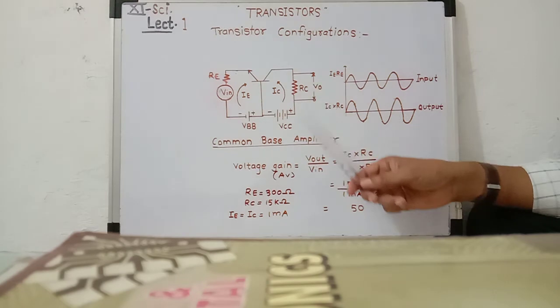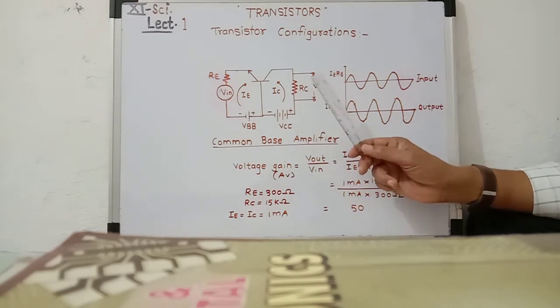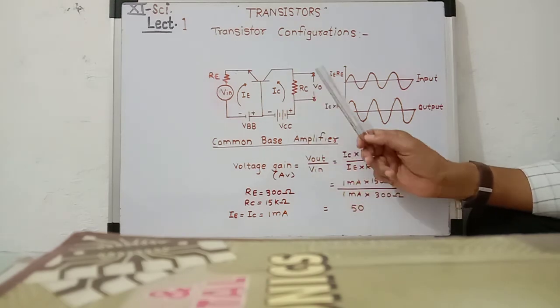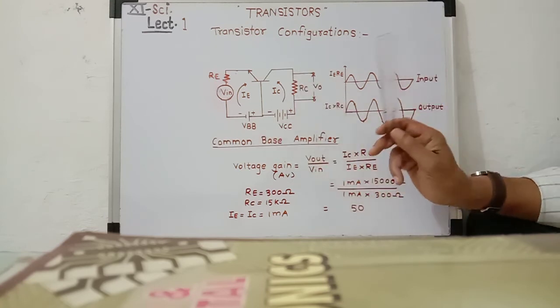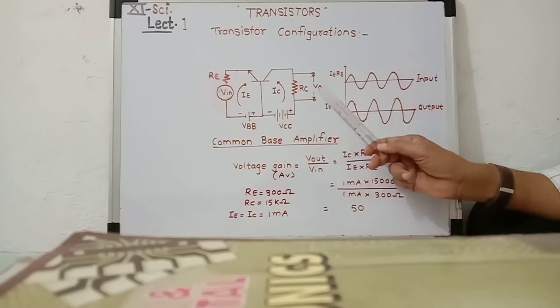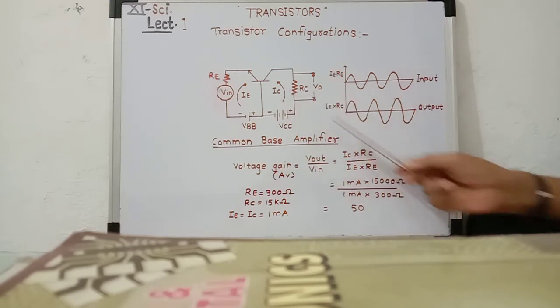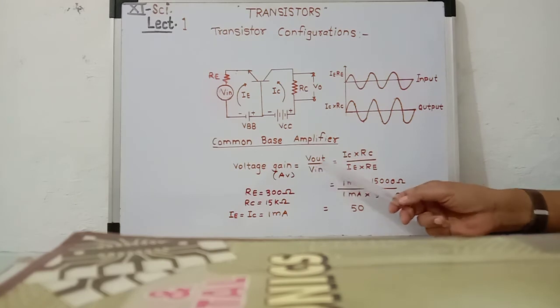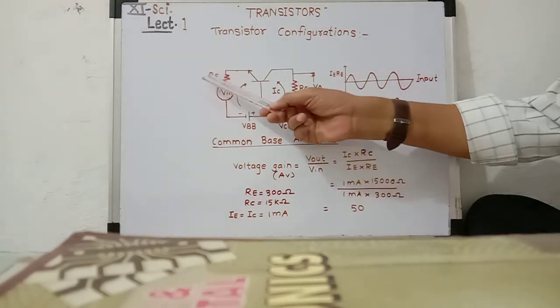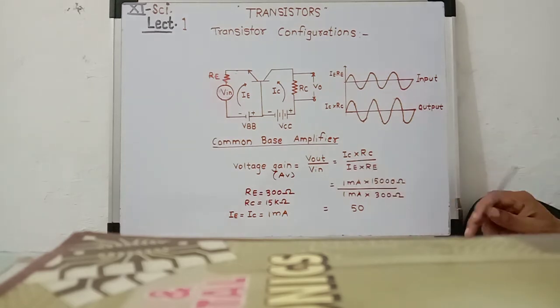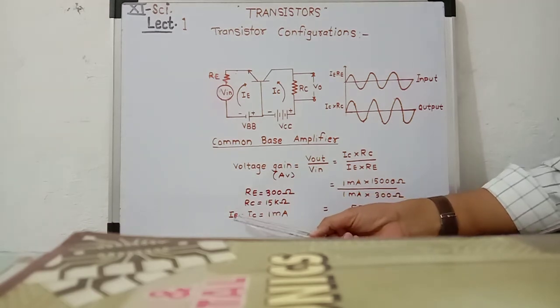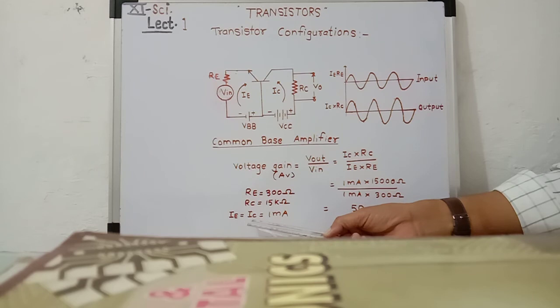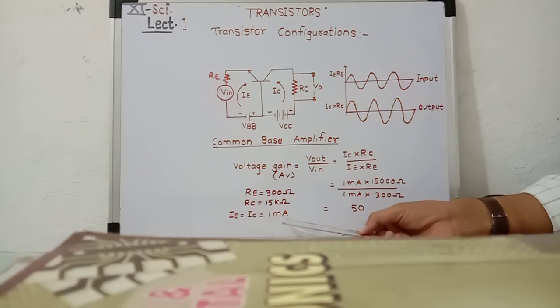Now the voltage gain of the amplifier. Voltage gain is the ratio of output voltage to input voltage, that is VO upon VI. VO is equal to IC into RC, and VI is equal to IE into RE. Suppose RE is equal to 300 ohm, RC is equal to 15 kilo ohm, and IE is nearly equal to IC, which is 1 milliampere.